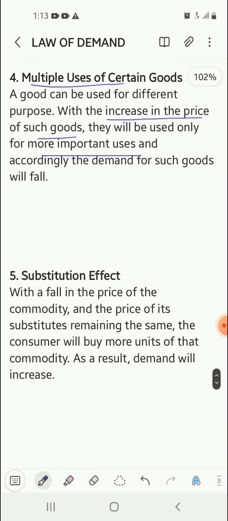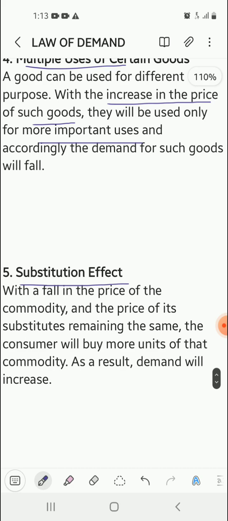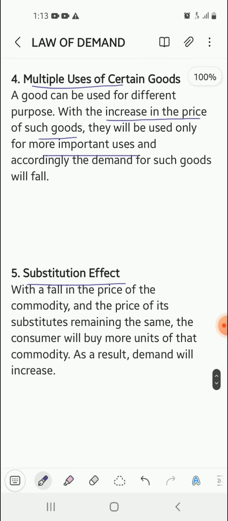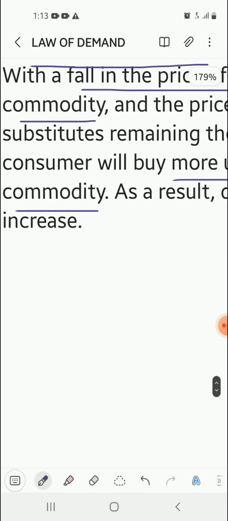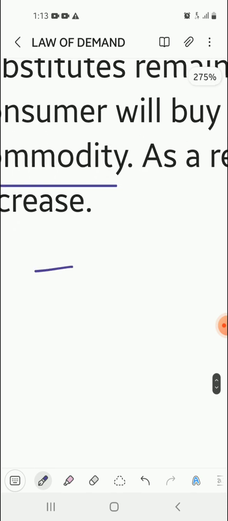Now, the fifth point that we have is the substitution effect. Substitution means using something instead of the other. With a fall in the price of a commodity and the price of its substitute remaining the same, the consumer will buy more units of that commodity. See, the classic example that we had of tea and coffee.